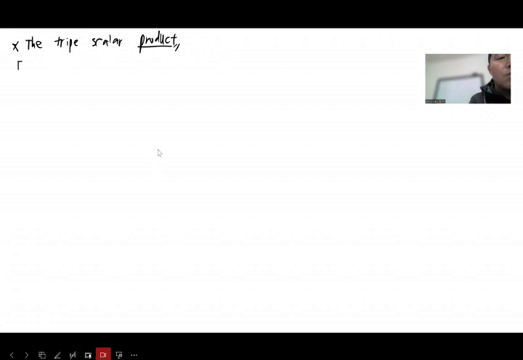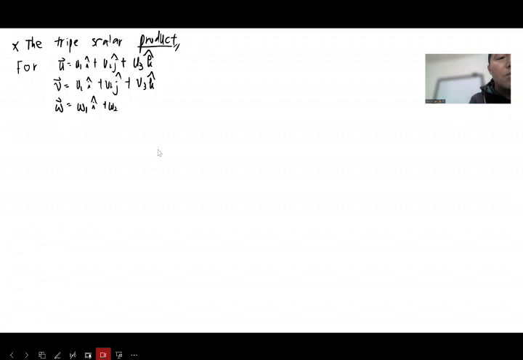So assume that you have three vectors: u1i for x, u2j for y, u3k for z, and the v vector, v1i, v2j, and v3k, and the w vector is w1i, w2j, w3k.